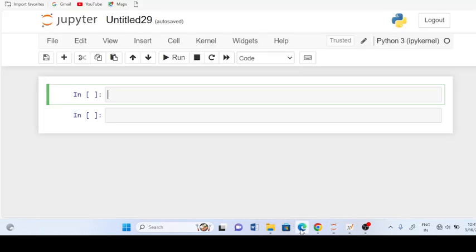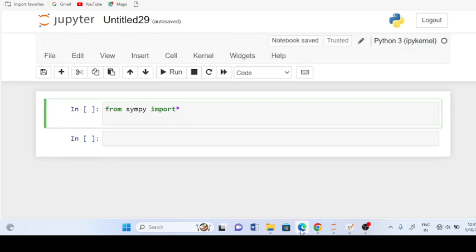So here from SymPy import. We are using the variable.